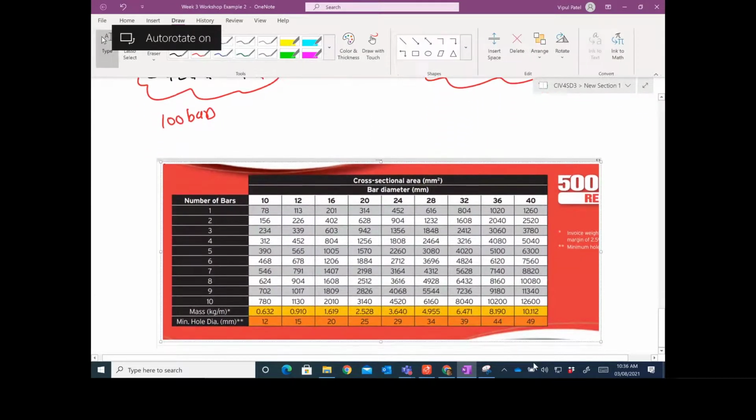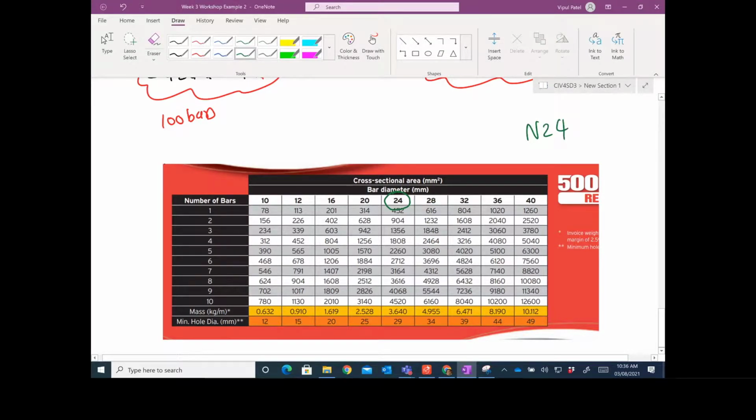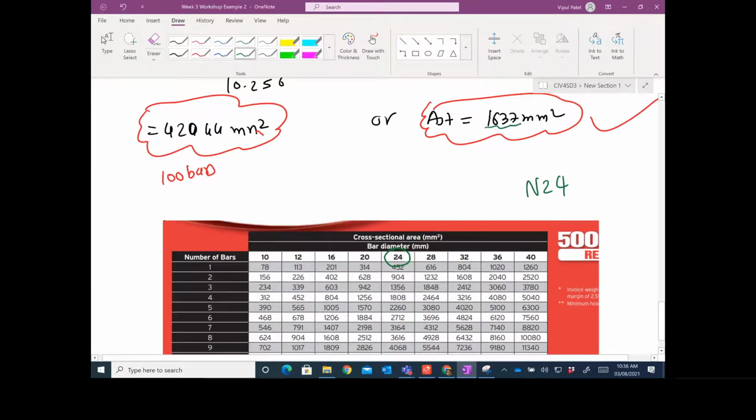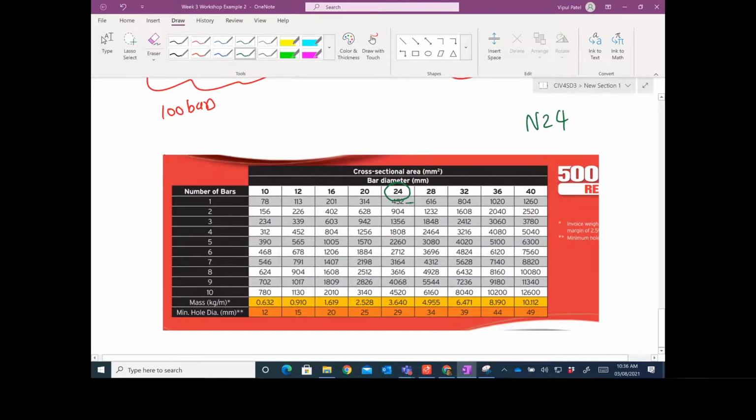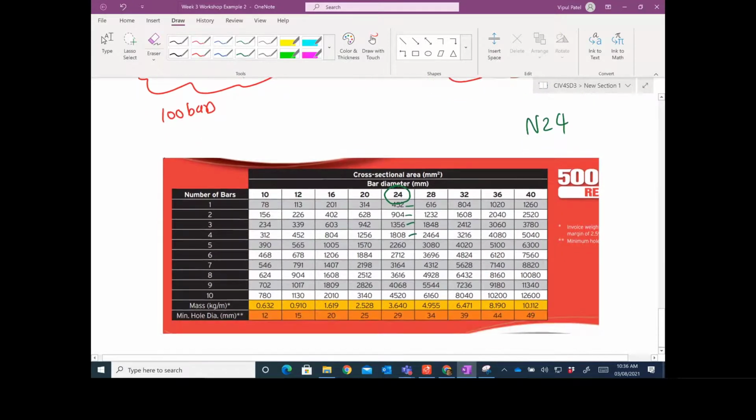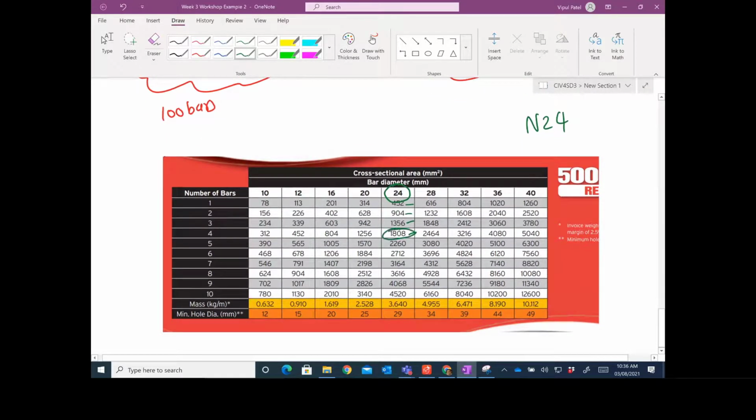Now, what do we assume? I think you remember we assume 24 and 24. That was our assumptions. In that N24, you have 1637 AST. So you check it. This one not works. This one not work. This one not work. Oh, this one what? 1808. So that is okay. Go across. We have 4 bars.